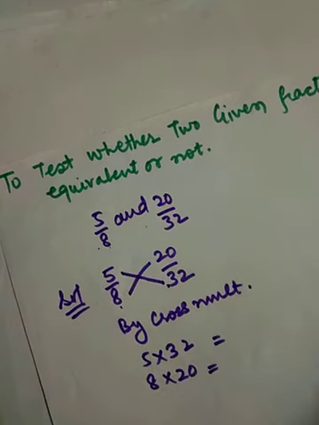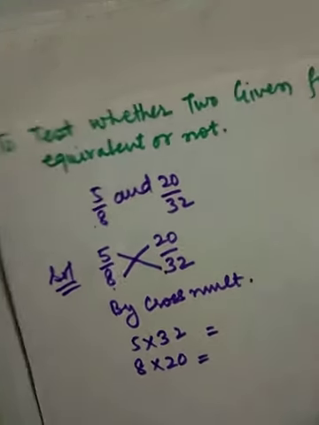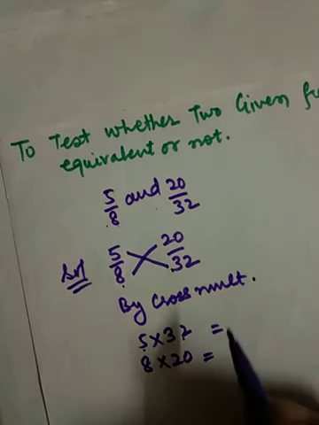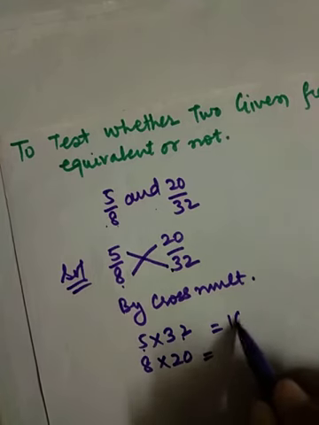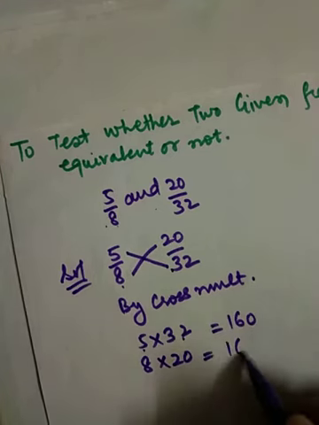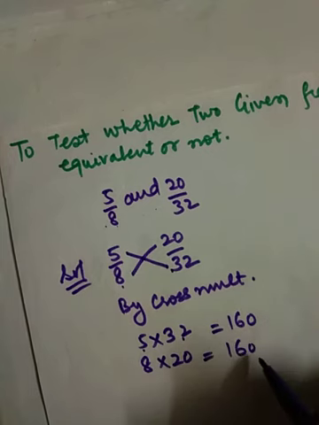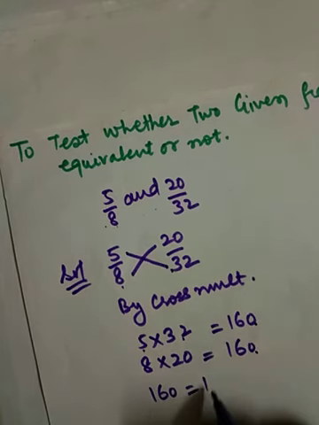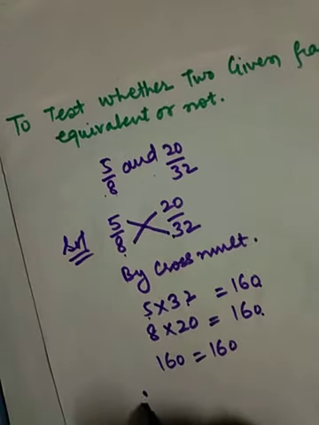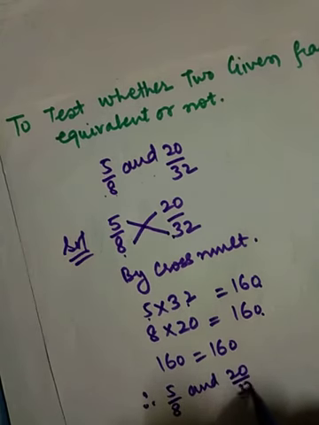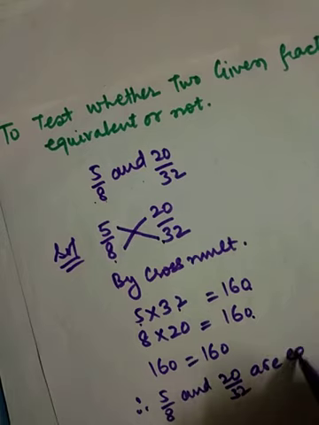When we multiply them, 5 into 32 we get 160, and 8 into 20 we get 160. When the answers of both multiplications are the same, see, 160 is here, 160 is here, both are the same, therefore we can say that 5 by 8 and 20 by 32 are equivalent fractions.